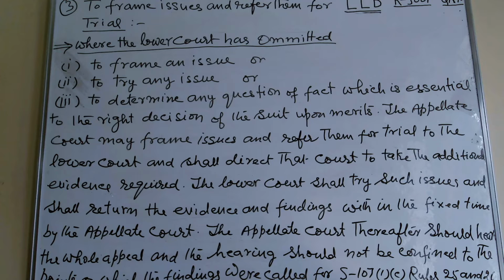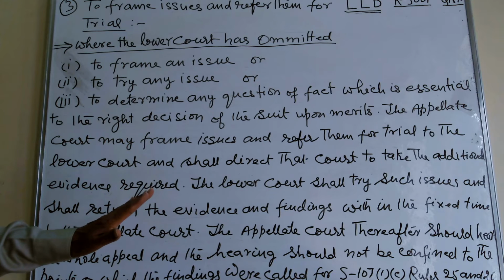The appellate court may frame issues and refer them for trial to the lower court and shall direct that court to take the additional evidence required. The lower court shall try such issues and shall return the evidence and findings within the time fixed by the appellate court.